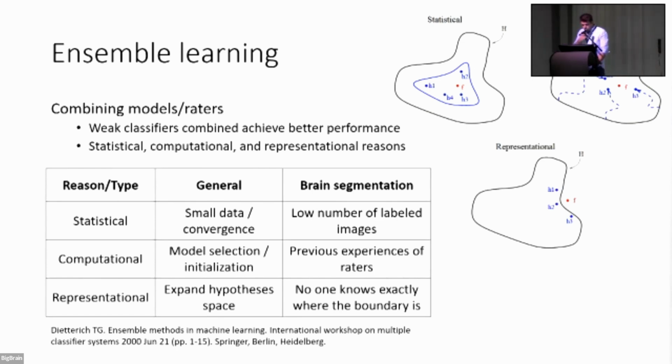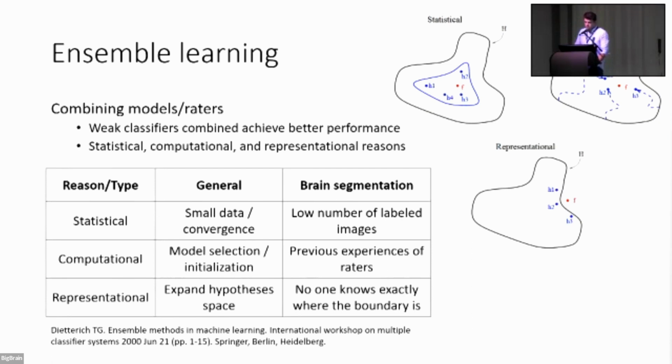And the computational reason is that previous experiences of raters are something like initialization of the models, because every person will delineate differently. So by combining those, we also remove the possibility that you are biased towards a single rater. Right?